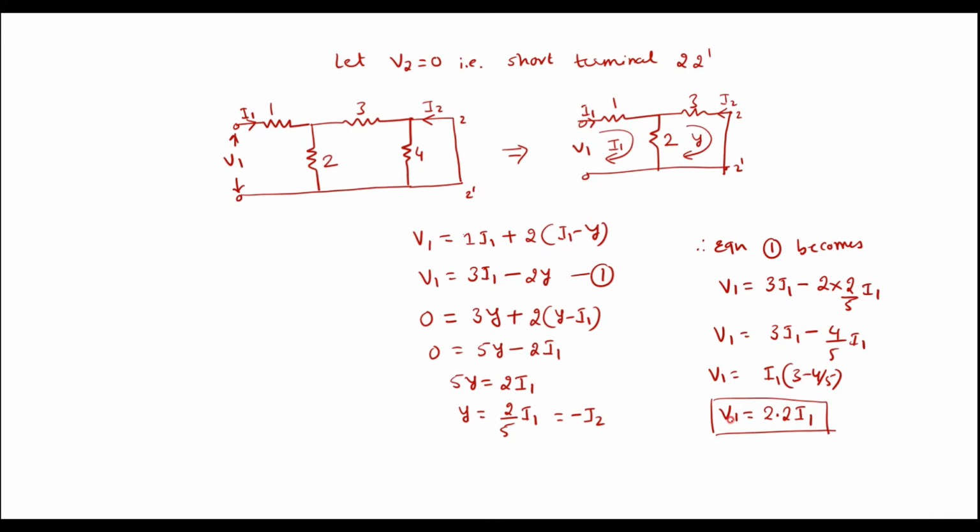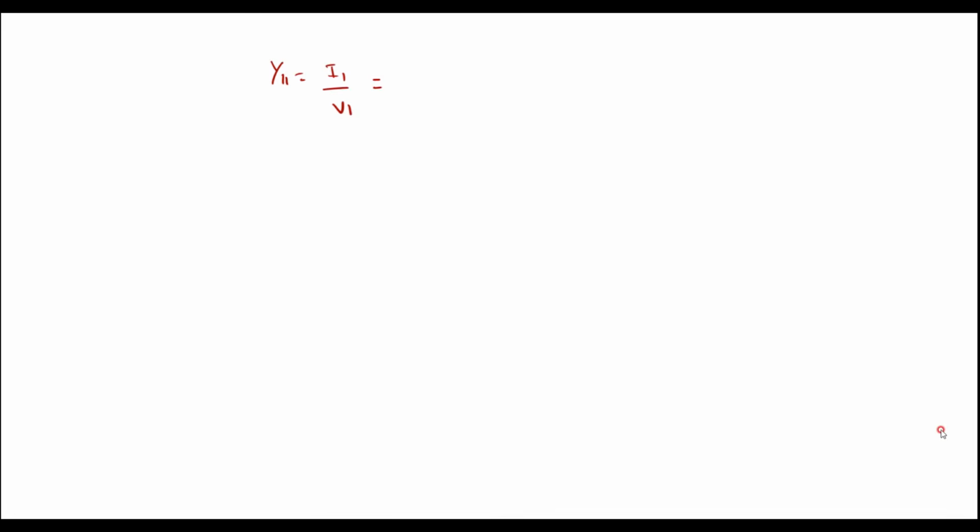V1 is nothing but 2.2 I1. So I keep numerator I1 as it is, which is nothing but 1 upon 2.2, which is nothing but 5 by 11. So Y11 is equal to 5 by 11.